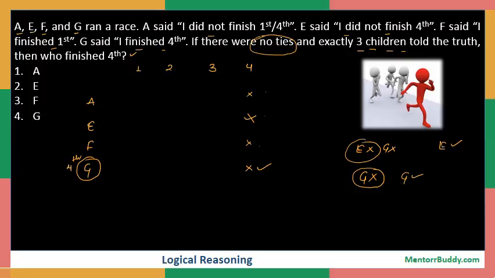Although my answer has been obtained, because the question was asking who finished fourth, and it is G who has finished fourth, let me just try the other two statements as well.